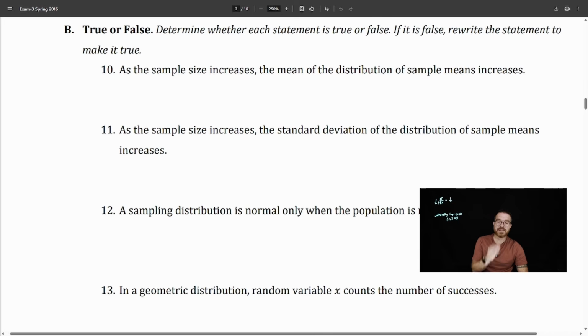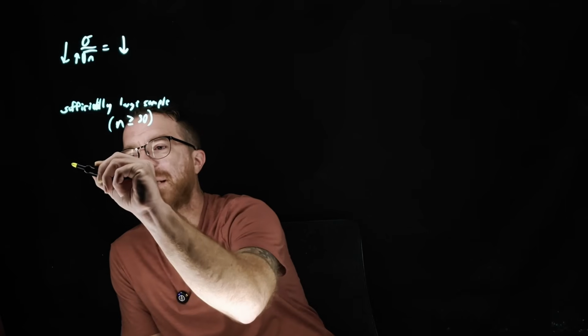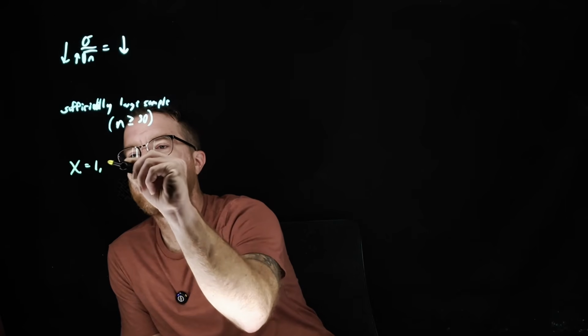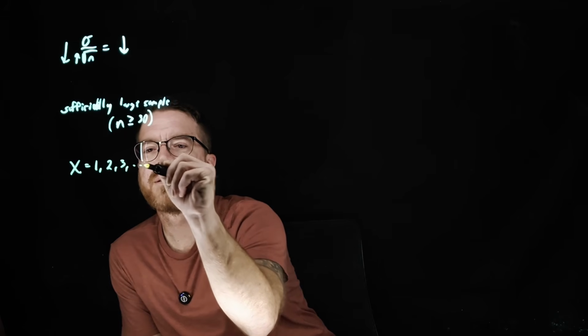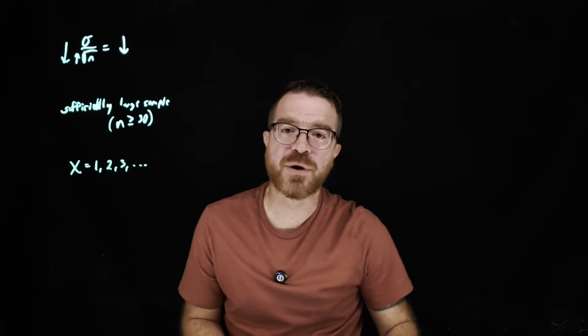Number 13 says, in a geometric distribution, random variable x counts the number of successes. This is also false. For a binomial probability distribution, x counts the number of successes. For a geometric distribution, x counts the turn at which you have your first success, meaning that your x can be 1, 2, 3, up to any number of turns, right?